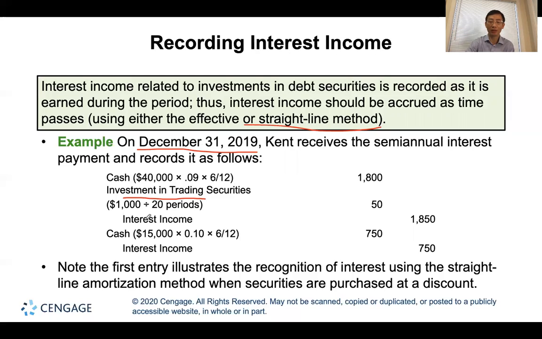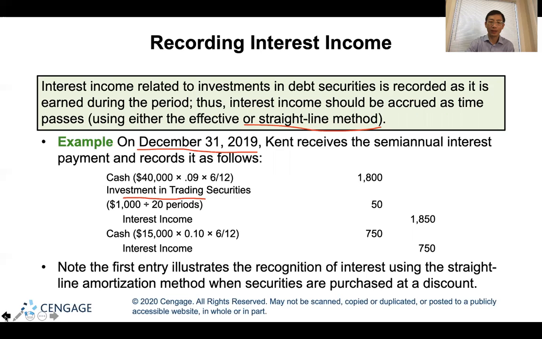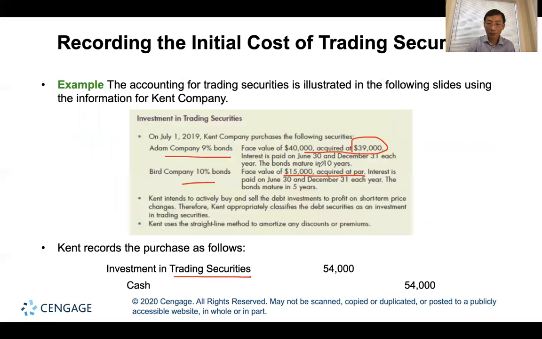Straight line method means the discount is 40,000 minus 39,000, which is only a $1,000 discount, and the bond maturity is 10 years. So this $1,000 will be straight lined, allocated into each year.